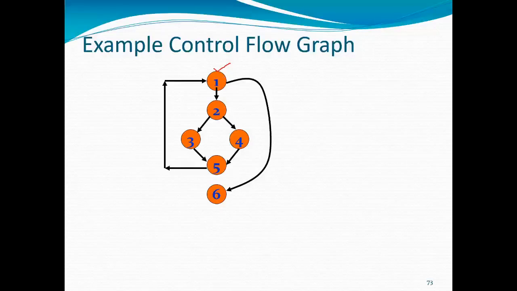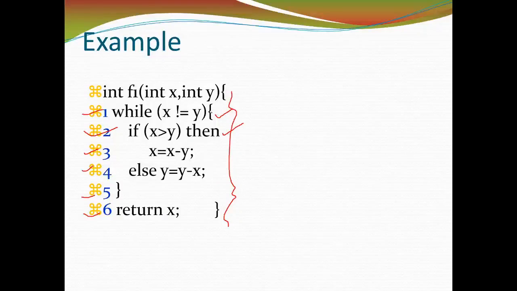If the while loop is false, it is going to execute statement 6 directly. You can see here, if the while loop is false, it comes directly to statement 6, and if the while loop is true, it is going to enter into the if condition, and if the if condition is also true, it is going to execute statement 3, else it is going to execute statement 4.